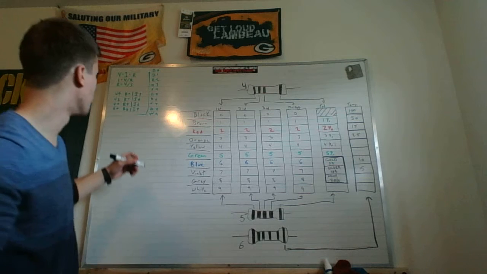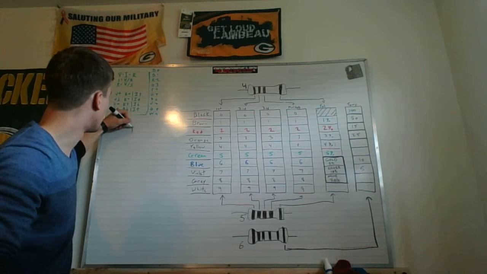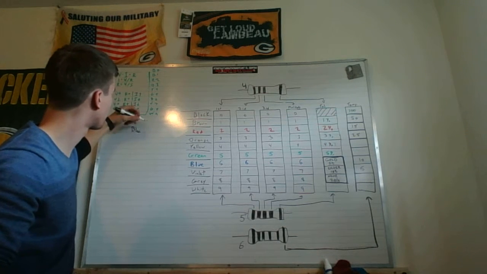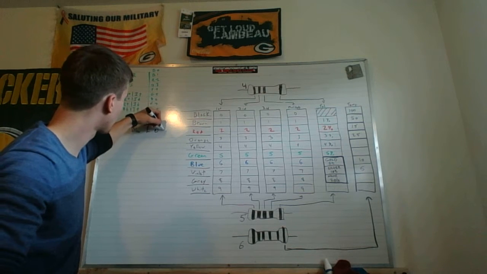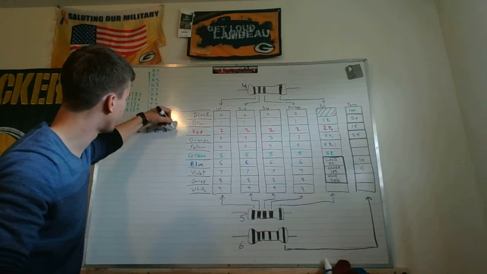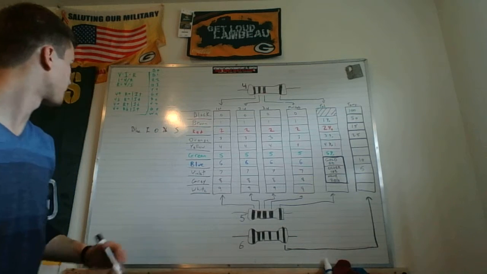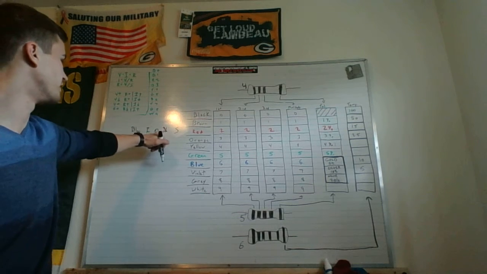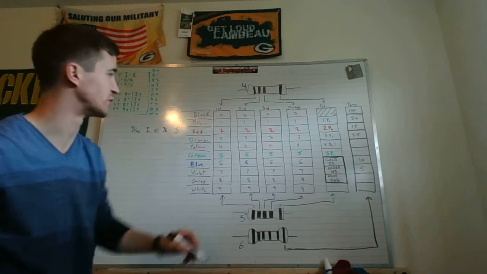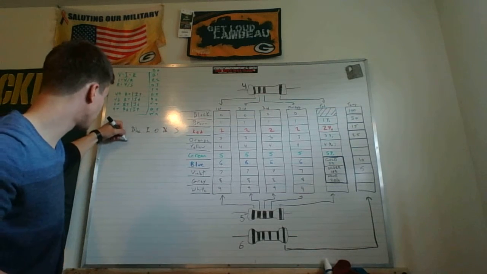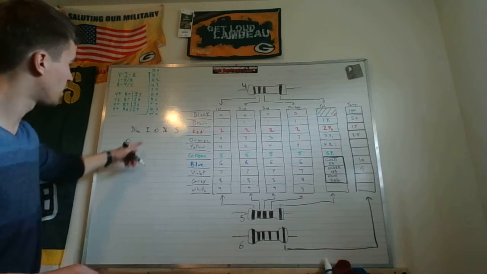And then one more. Let's say we have black, red, orange, black, silver. First 3 colors are the digits themselves. So black is a 0, so the first digit starts with a 0.